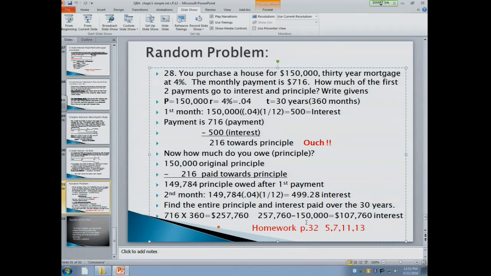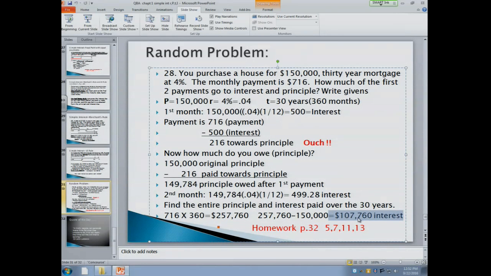We only owed $150,000. So this is our total payment minus our principal. Over the 30 years, our total interest paid was $107,760.